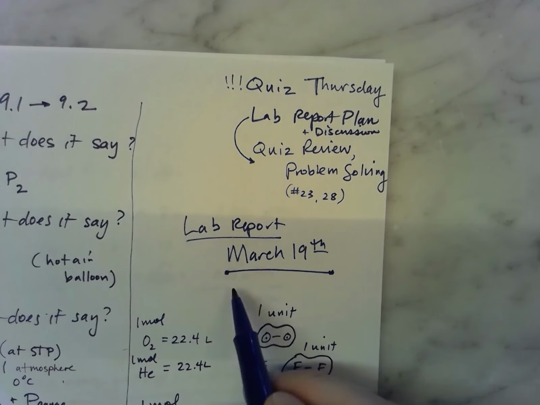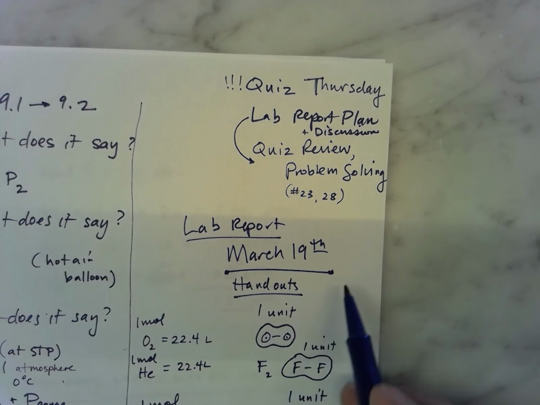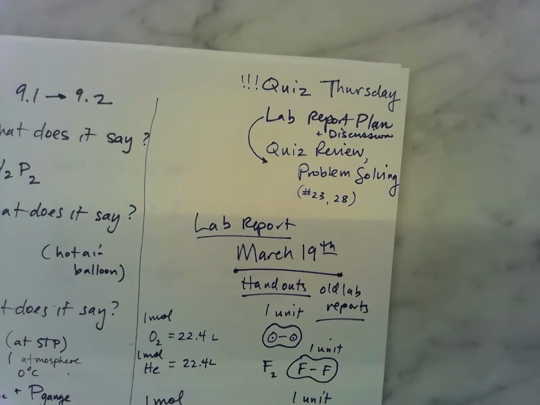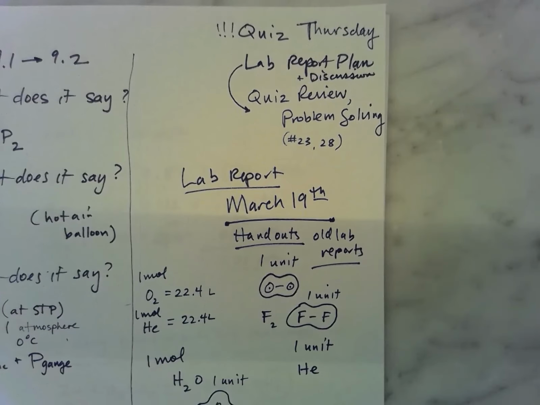Check in the handouts. Look at your old lab reports and what my criticisms were on there. Hopefully constructive criticisms. Okay. And start gathering it together.